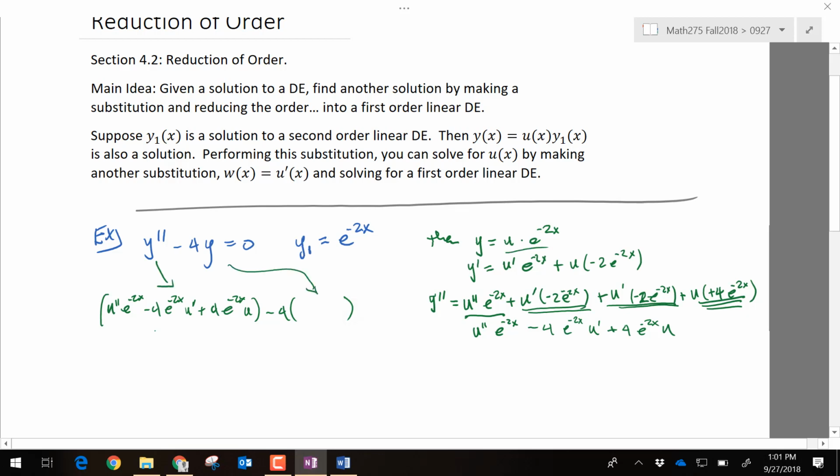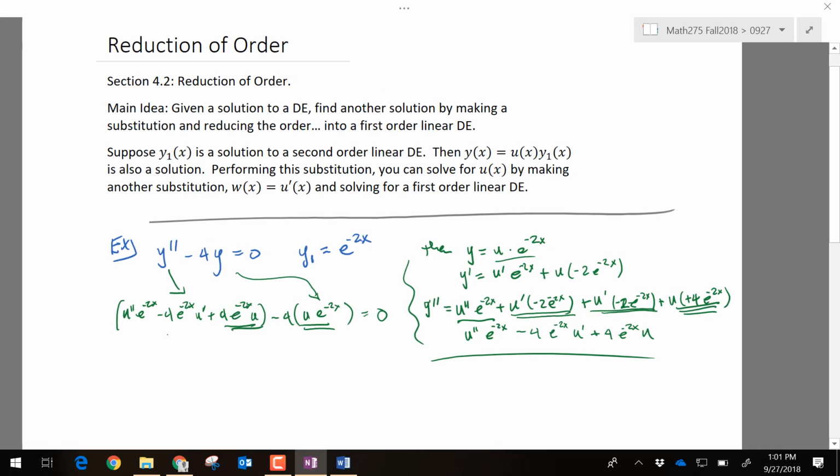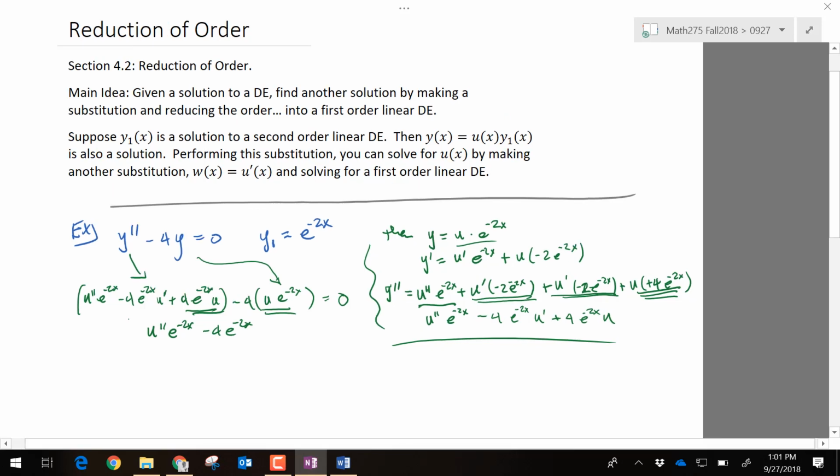The regular y is just u e to the minus 2x, and it's equal to 0. And then we see that there's some canceling going on here. So we just have u double prime e to the minus 2x minus 4 e to the minus 2x times u prime is equal to 0.